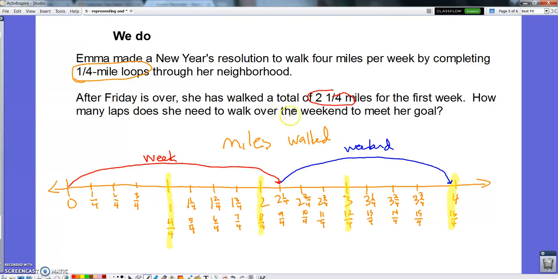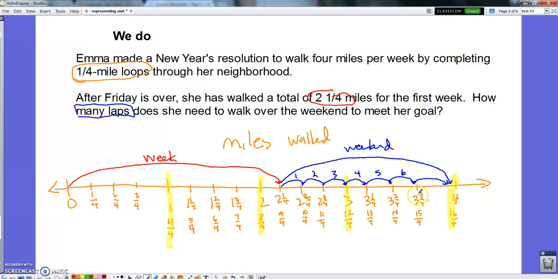So now, keep in mind, the question is not how far does she have to go, it is how many laps does she have to walk. So when I'm looking there, I'm saying, okay, well, she's got to go 1, 2, 3, 4, 5, 6, 7 more laps.